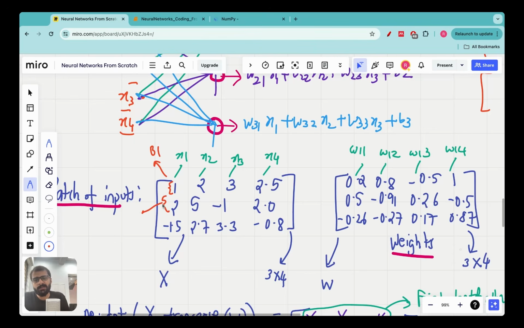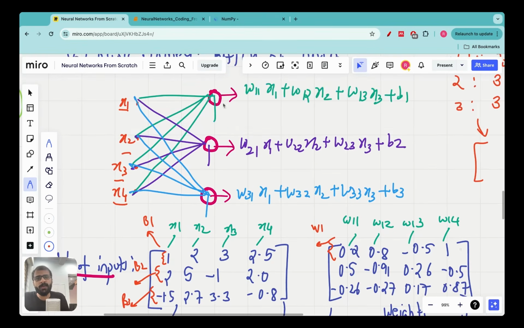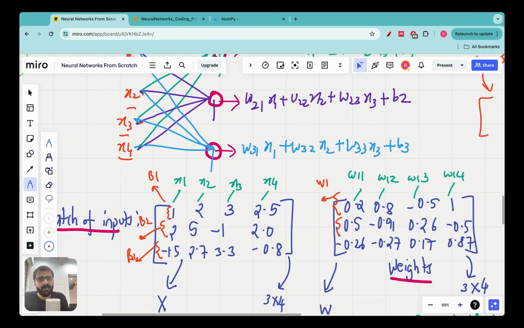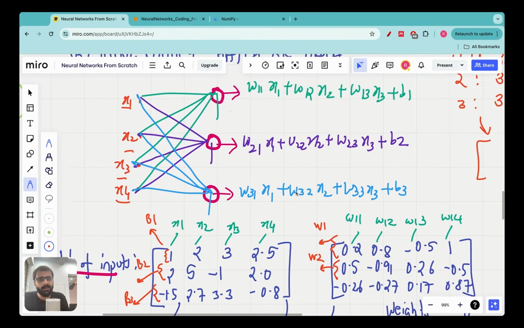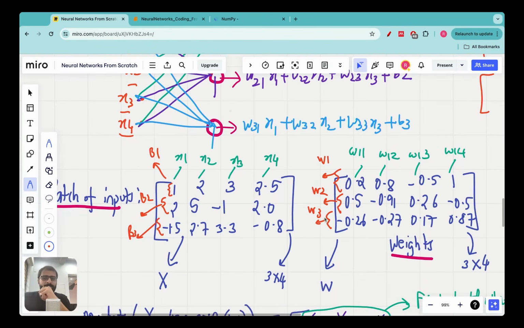The second row corresponds to the second batch, which is B2. The third row corresponds to the third batch, which is B3. Correct? And this is the weight matrix. The first row is W1, which is the weights of the first neuron. The second row is W2, which is the weights of the second neuron. And the third row is W3, which is the weights of the third neuron.